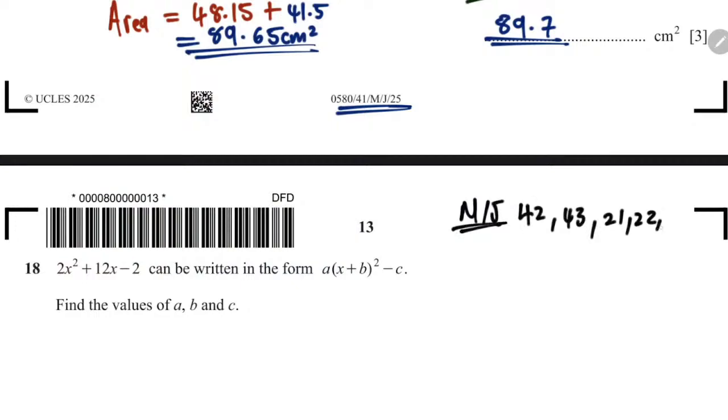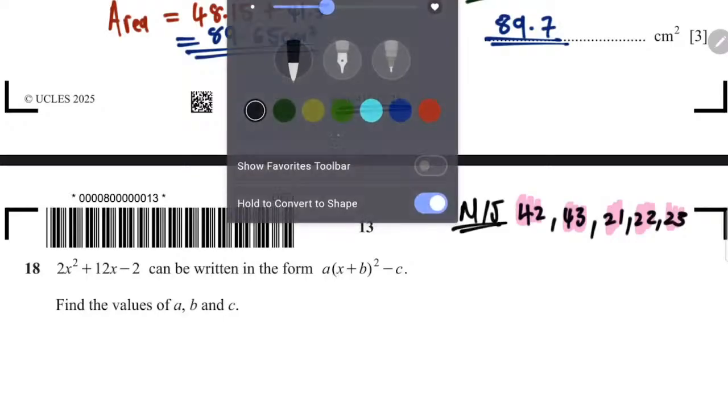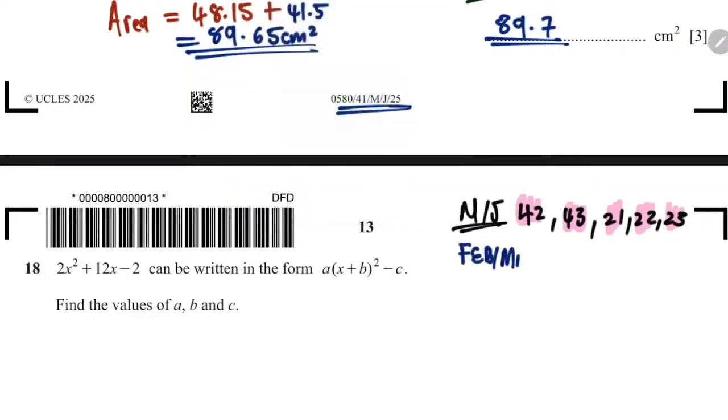And then you do February, March 2025, paper 2-1 and paper 2-2 and paper 4-2. I'll upload them onto the Google Classroom for you. Same as for physics just now.